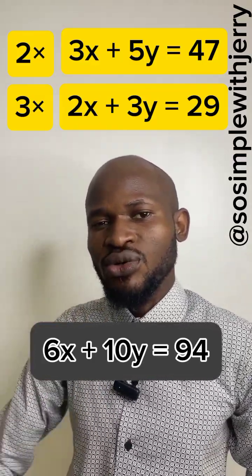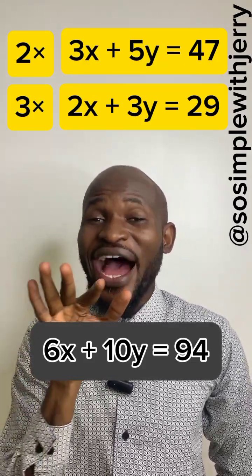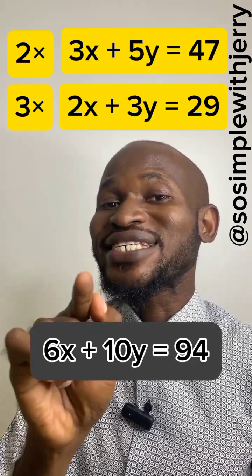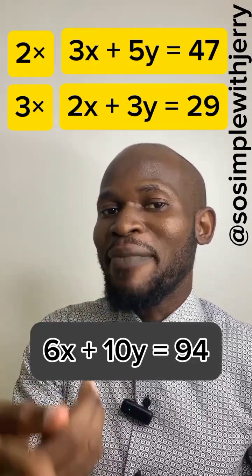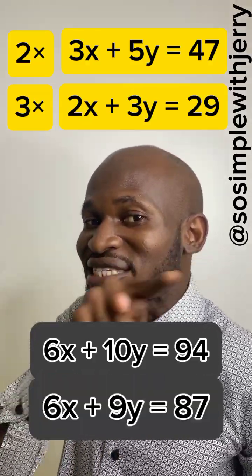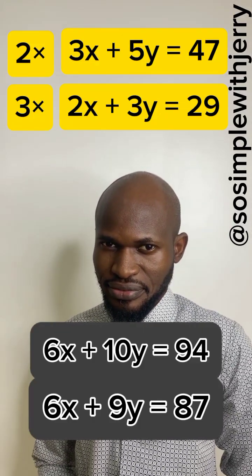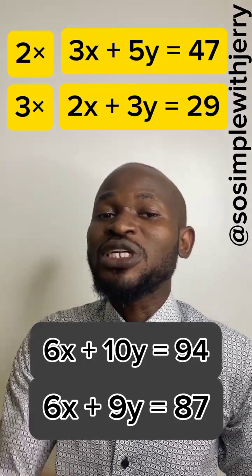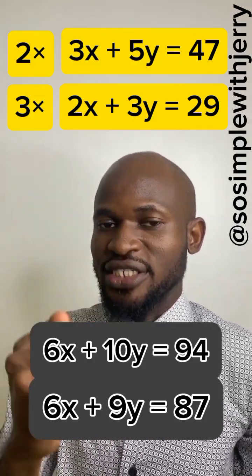Good. Now let's go to the second equation. Before, we had 2x plus 3y is equal to 29. Now we're multiplying all through by 3. 3 times 2x is 6x. Write it down. This line is going to be our fourth equation. Now, multiply 3 by plus 3y, and it's going to be 9y.